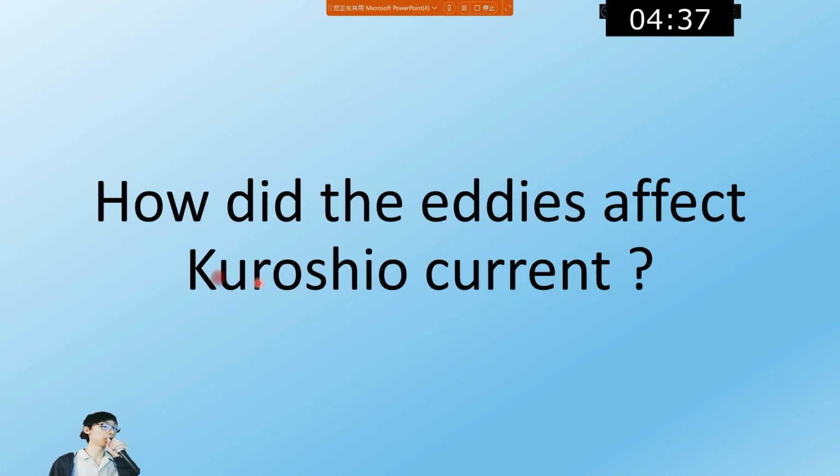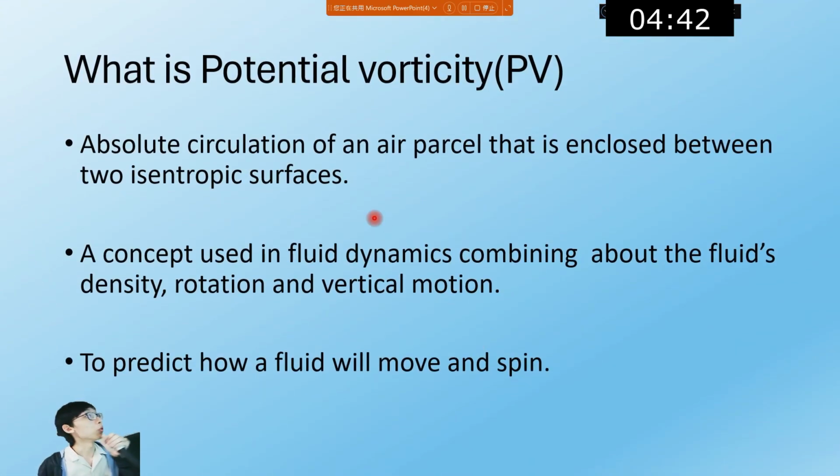How did the AD affect Kuroshio's current? Before answering this question, I want to introduce the potential vorticity. It is PV. The first point is the professional definition of the PV, so you can just read it.